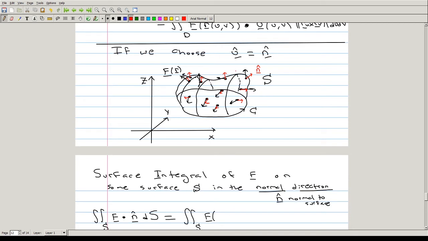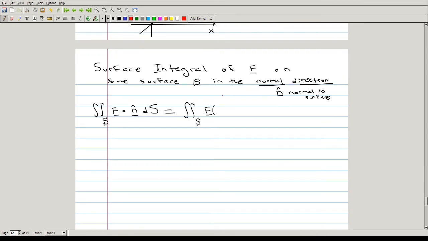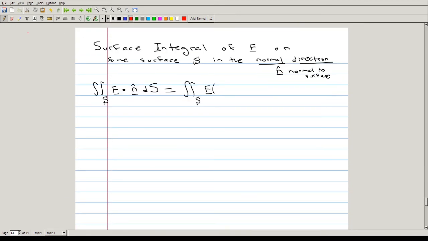Typically when you read about a surface integral, it's almost always a surface integral of a vector field with respect to the normal vector for some surface. But if we go through and evaluate this now and see what this formula reduces to, it's actually going to reduce in a very special way.